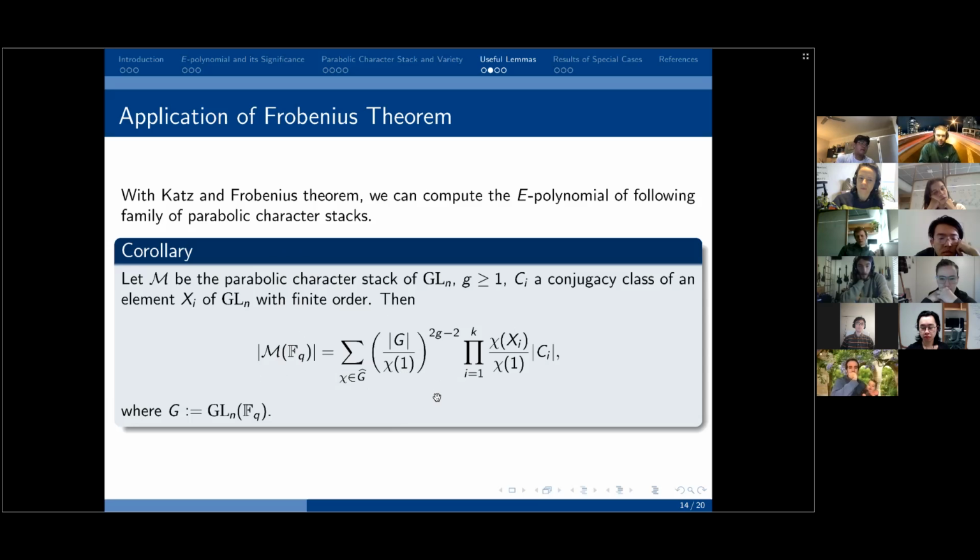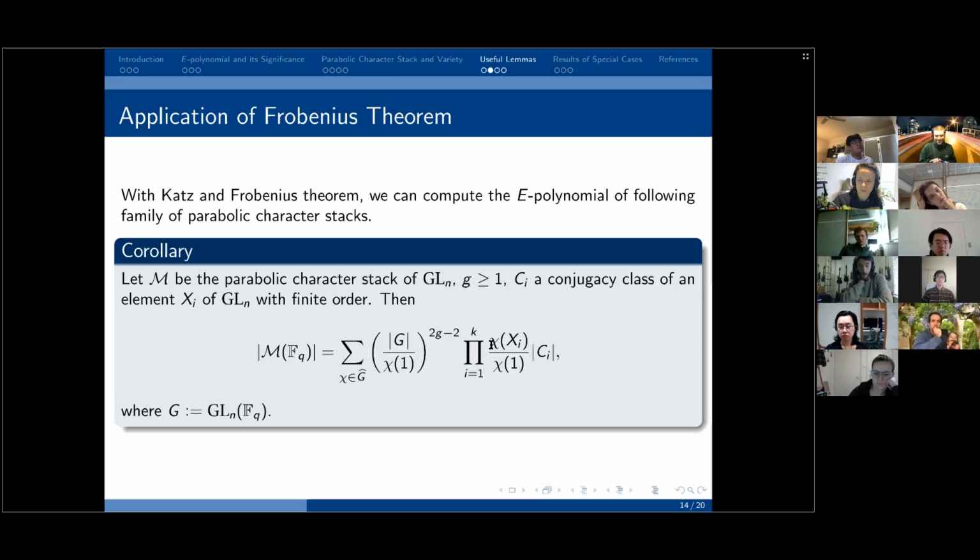But the problem is that if we choose different conjugacy classes, then we get different parabolic Character stacks, which means this value is dependent on the choice of conjugacy classes. So I'll choose some specific xi's to get a simpler result.